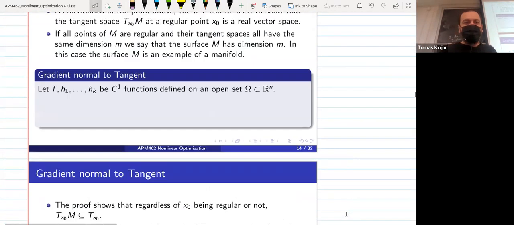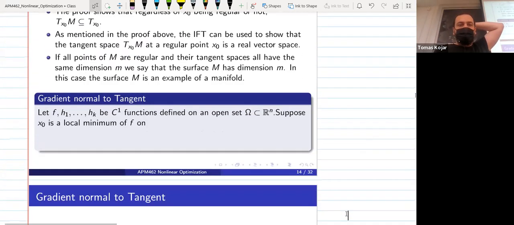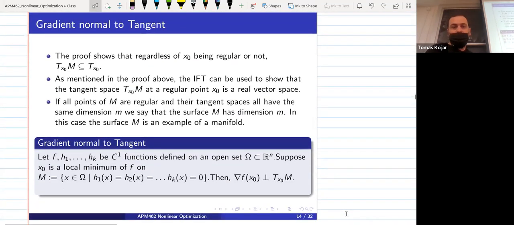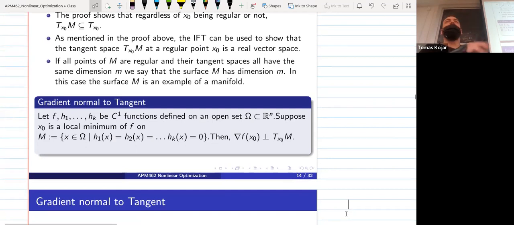We're just going to rephrase what we just talked about. Suppose you have constraints, and now coming back to our course, we want to find the local min over that simplex, over these nonlinear constraints. Then a necessary condition is that the gradient of the function will be normal to the tangent space.